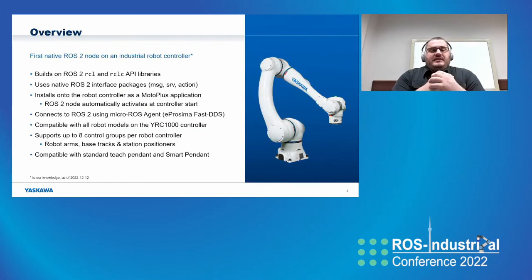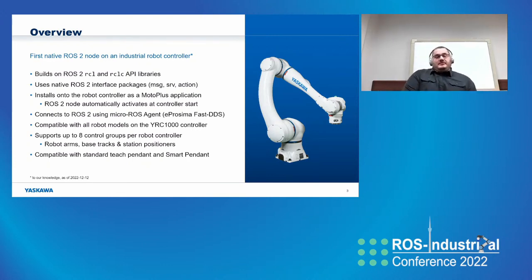So the general overview is that we have what we believe to be the first native ROS2 node running on an industrial robot. We are using the RCL libraries and the RCLC client library on top of that. We're using native ROS2 messages and actions and services, and this runs directly on the robot controller.